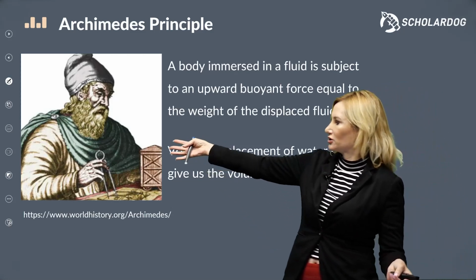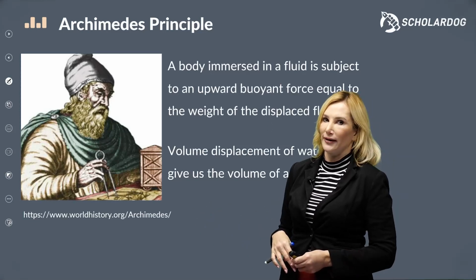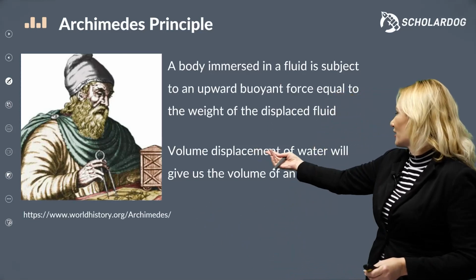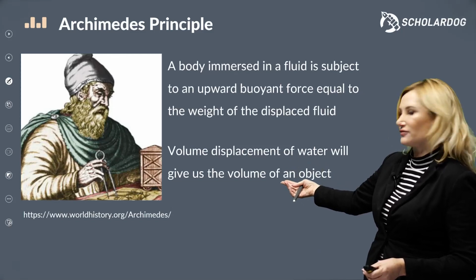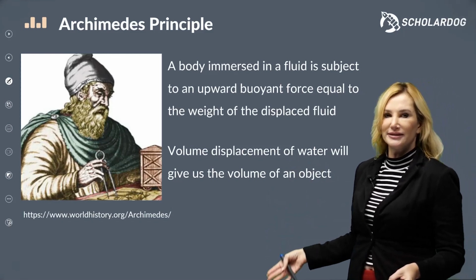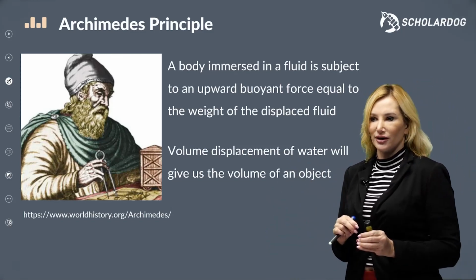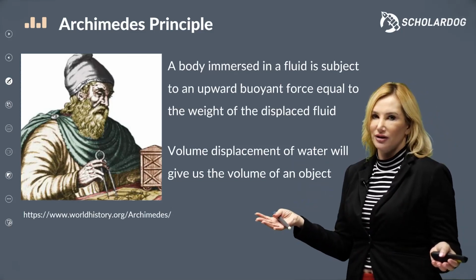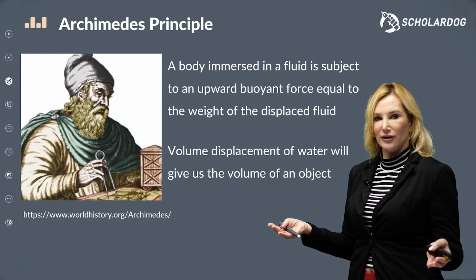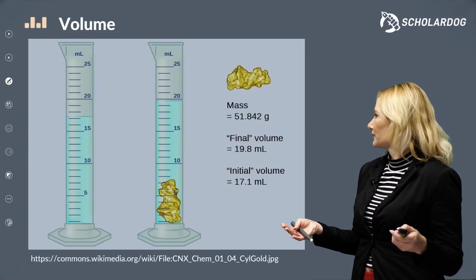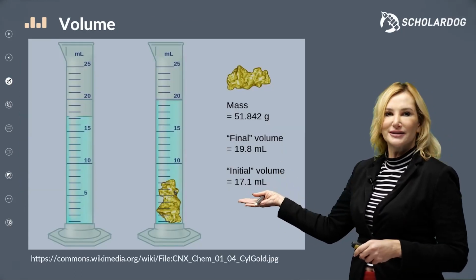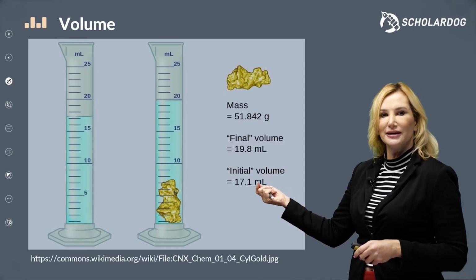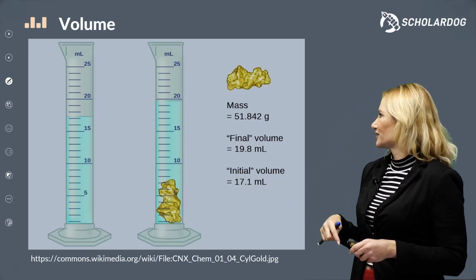You can tell from this picture that Archimedes was doing this a while back. So volume displacement of water will give us the volume of an object. What that means is if we put an object into water and we can measure a final and an initial, we can subtract the two and get the volume of the object. We use graduated cylinders in chemistry because they give us precise measurements.